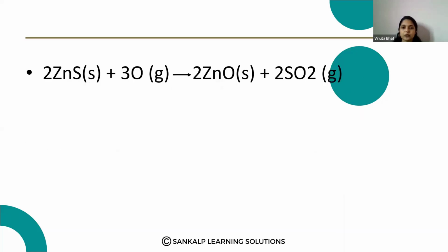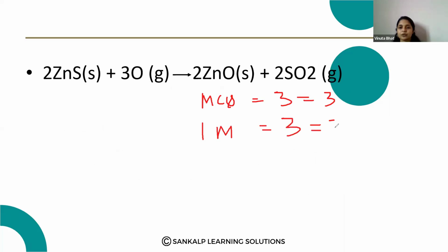So in total, how many questions have we solved in chemistry, and how many marks? From chemistry, 3 MCQs, that is 3 marks. Then 1 mark questions, 3 questions, that is 3 marks. Then 2 mark questions, 3, that is 6 marks.